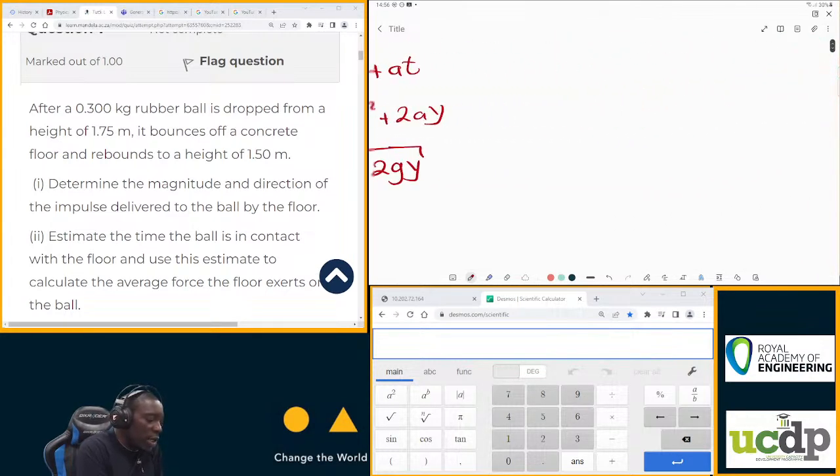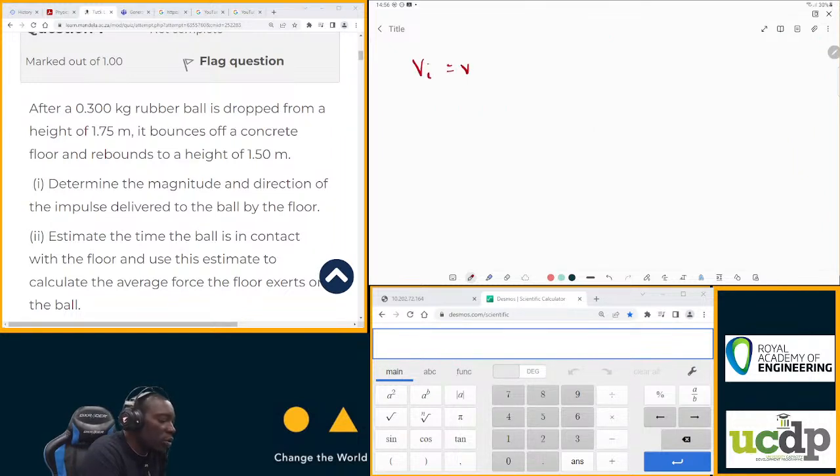This is our initial velocity for the collision. So Vi equals root of 2g times height. I'll use height, you can use y, you can use anything there. So that's the root of 2 times 9.8 times 1.75.